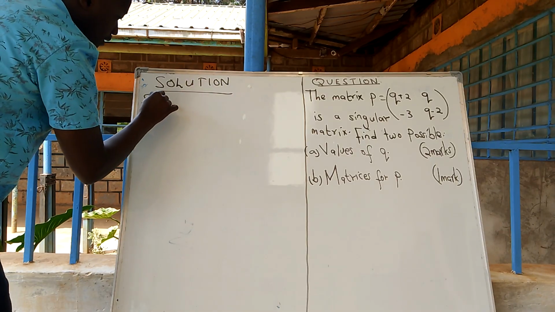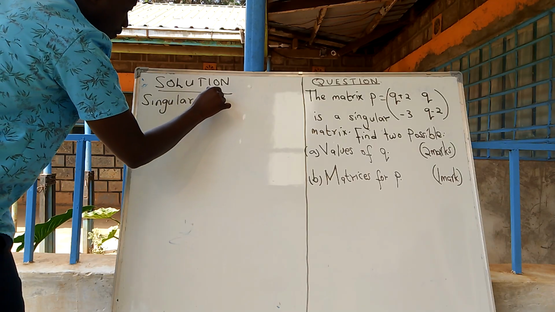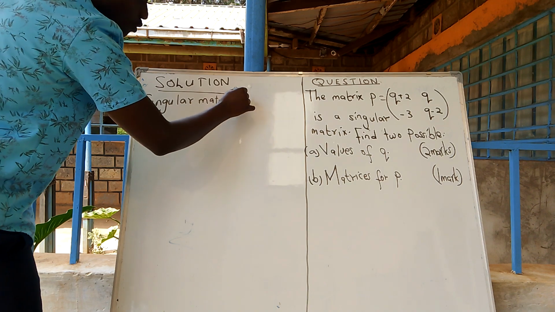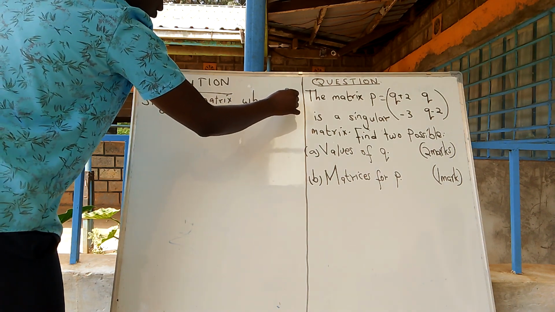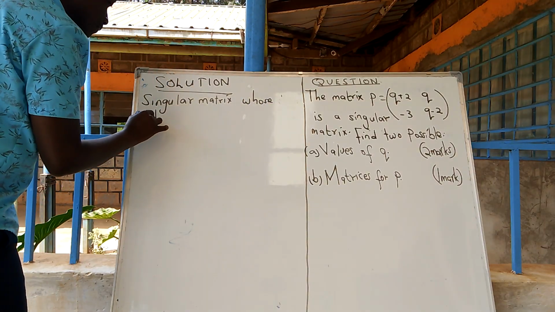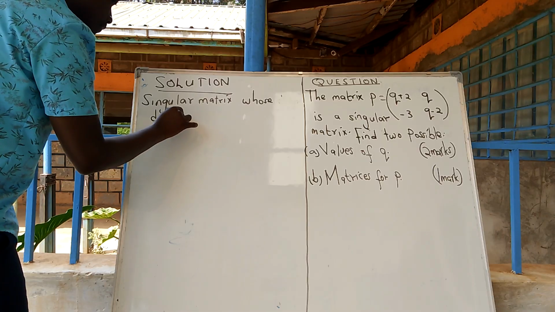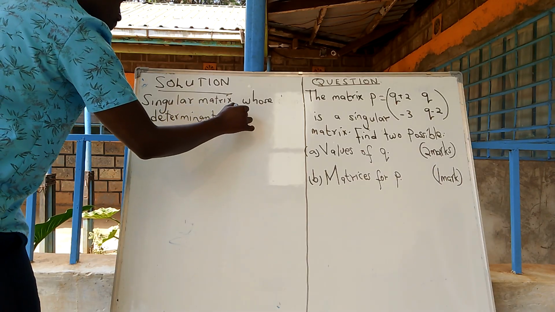A singular matrix is a matrix whose determinant is equal to 0. Cha tuandike hapa whose determinant is equal to 0.